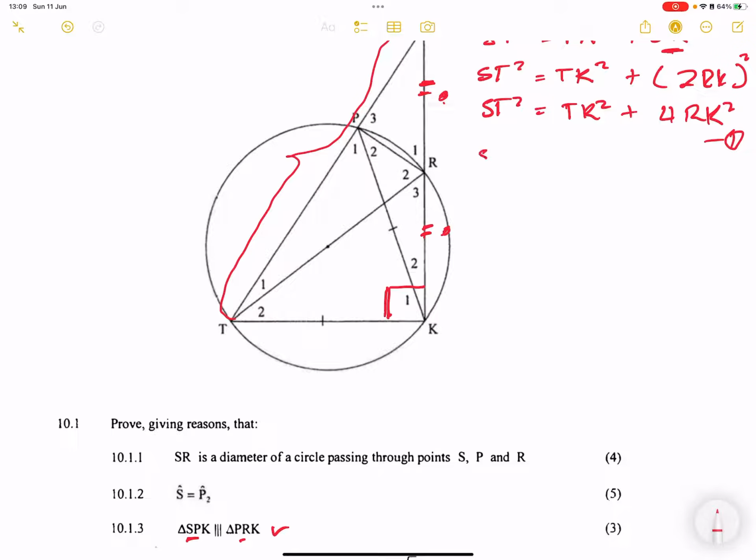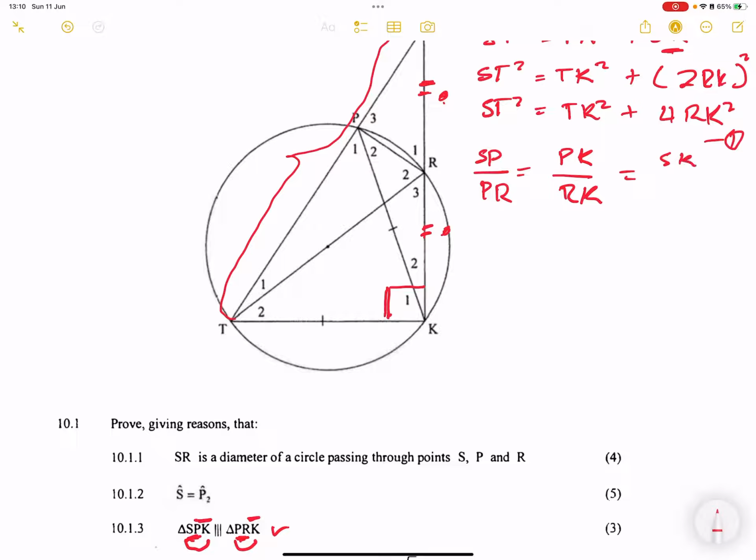So SP over PR is equal to PK over RK, which is equal to SK over PK.